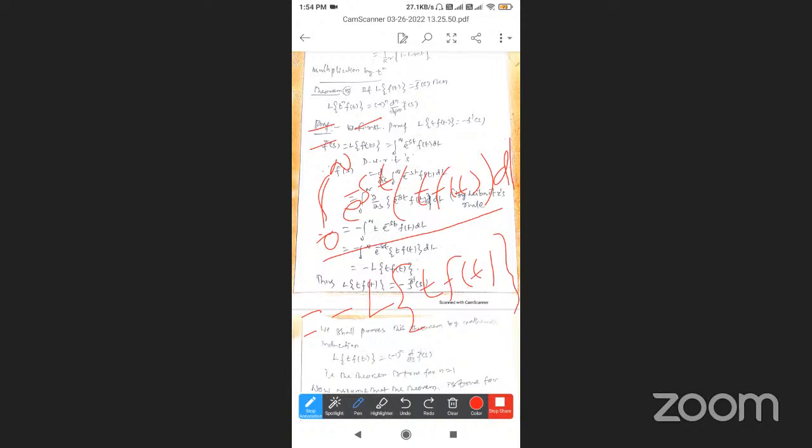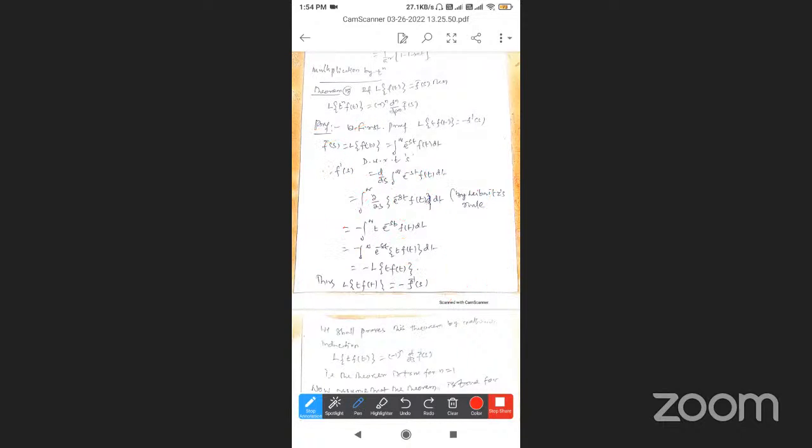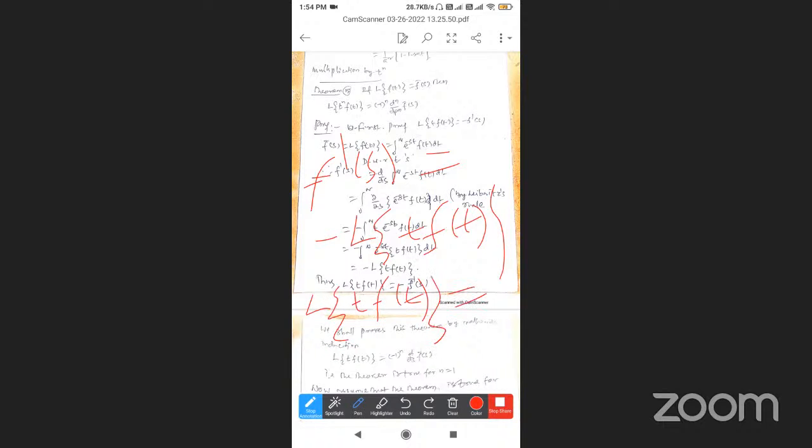The left side gives f dash of s is equal to minus Laplace transform of t into f of t. So the Laplace transform of t into f of t is equal to minus f dash of s.